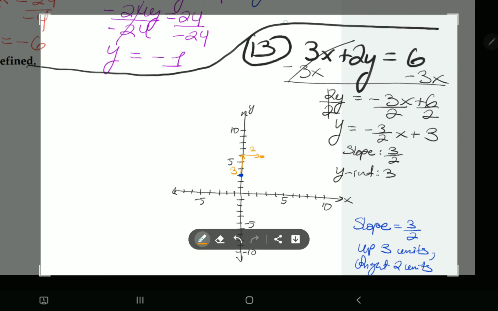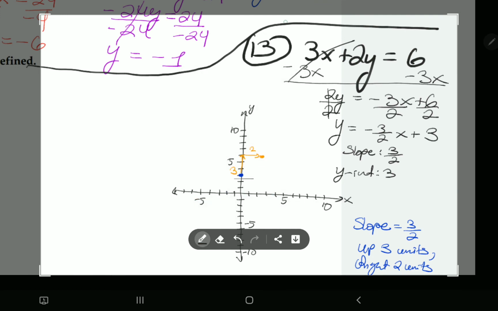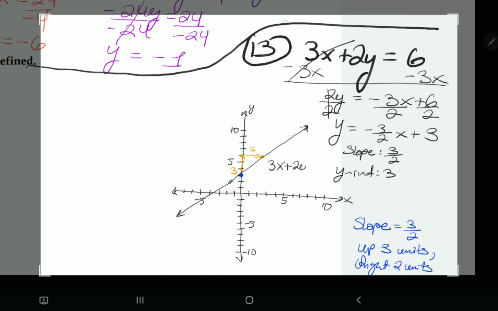Once I have 2 points, I then can sketch the line, to the best of my abilities, of course. And that is the line of 3x plus 2y equals 6. And that is it for question number 13.